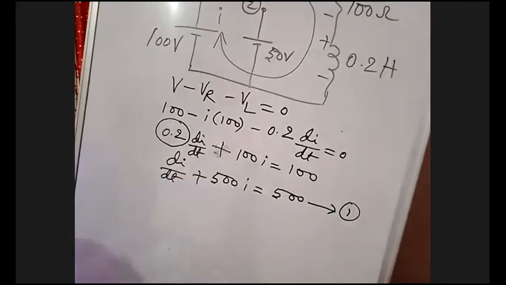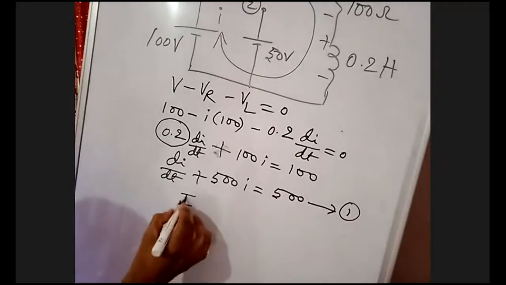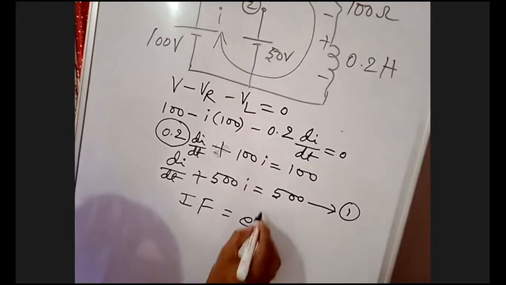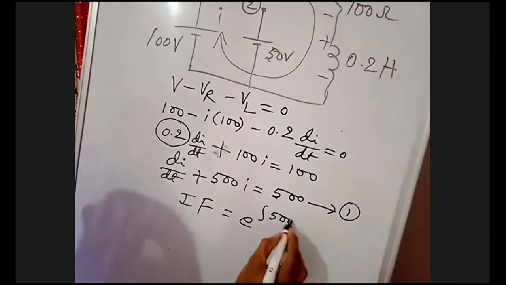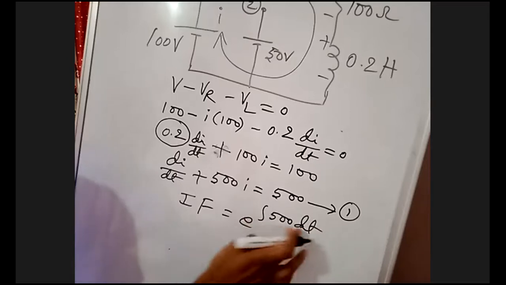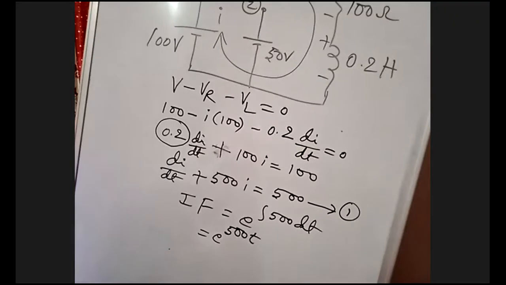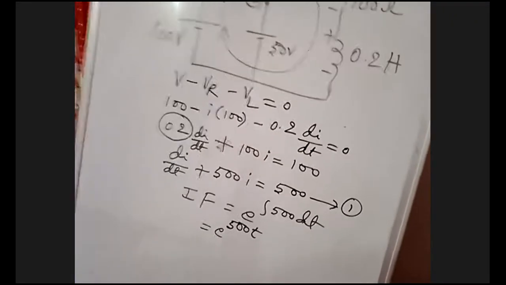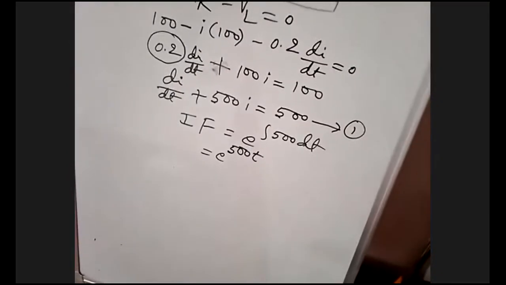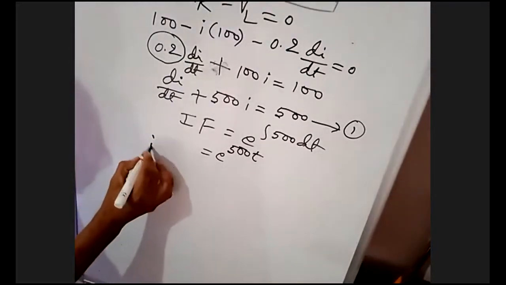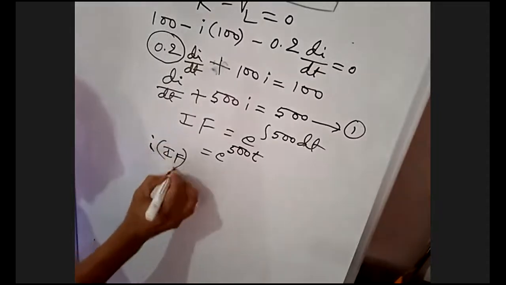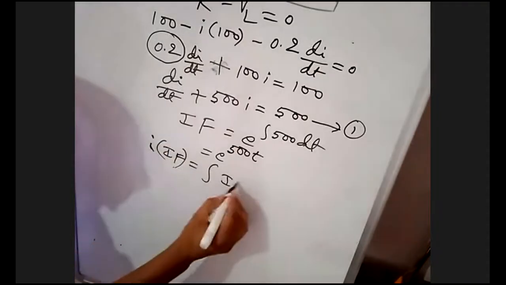Now I have to determine the current equation. For this, first you have to get the integrating factor. Integrating factor is e power integral of 500 dt, that is e power 500 t. That is your integrating factor. Now here, I'll determine the solution for the current. Current into integrating factor is equal to integral of integrating factor.